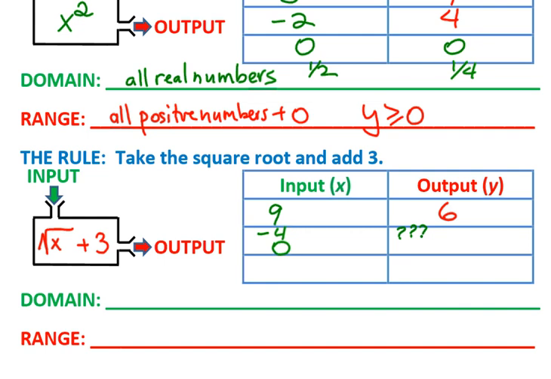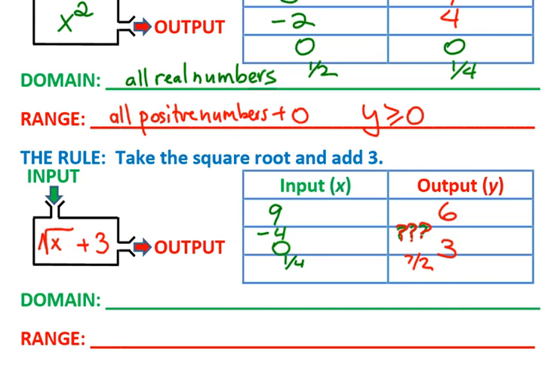Square root of 0 is 0, 0 plus 3 is 3. And put in a fraction, let's do 1/4. Square root of 1/4 is 1/2. 1/2 plus 3 is 3 1/2, so that's 7/2. We get an answer for that.